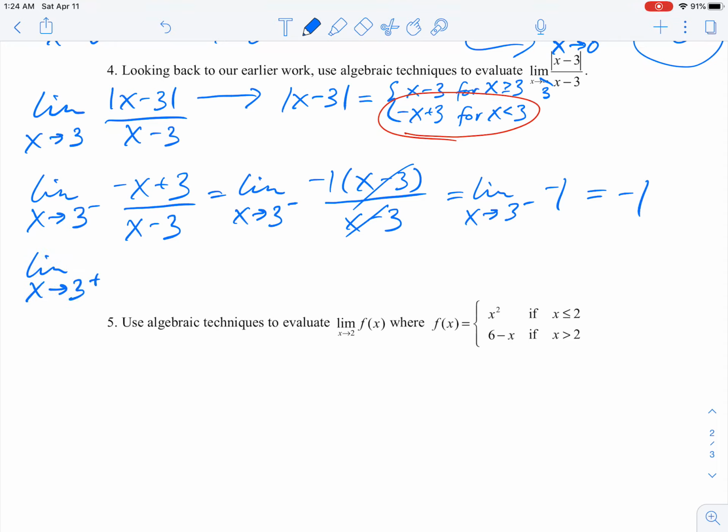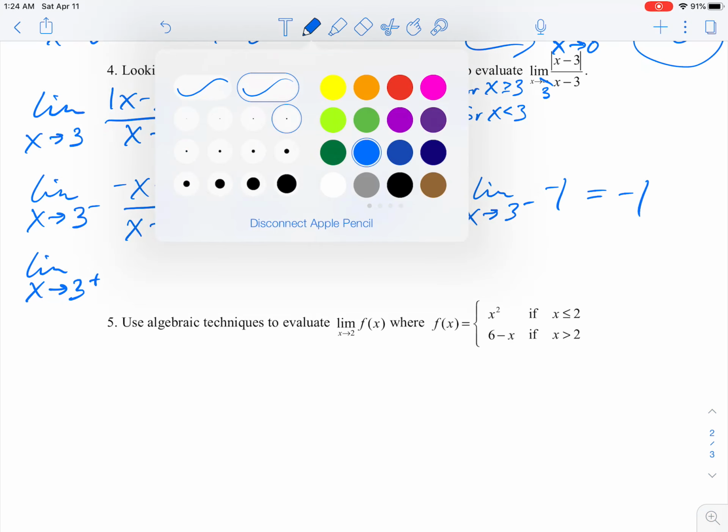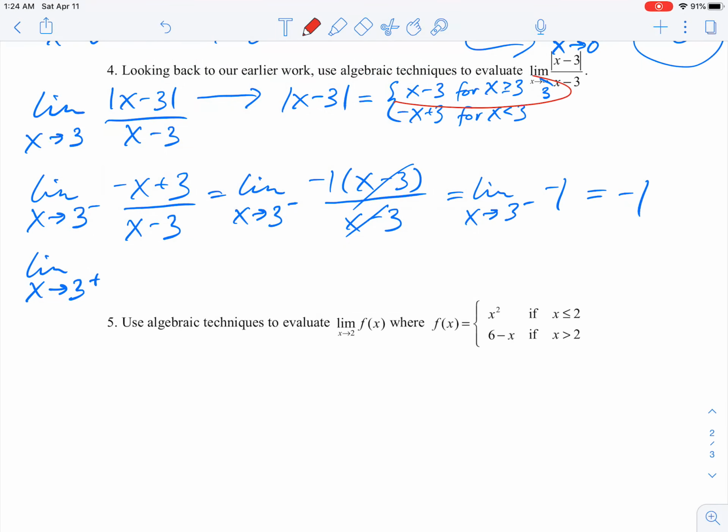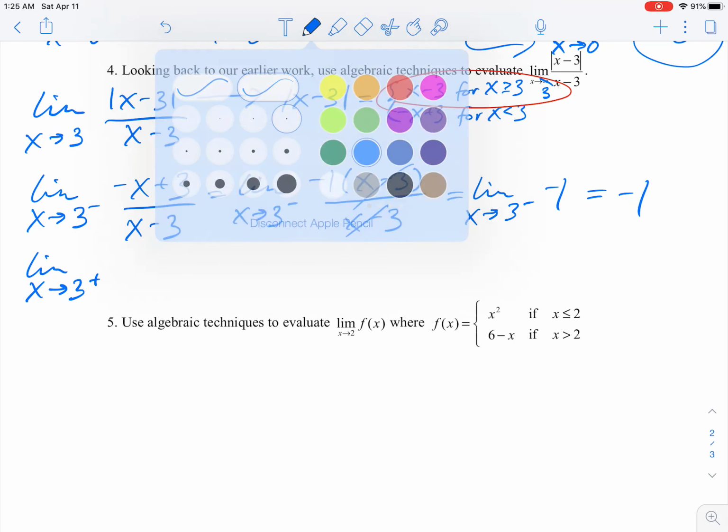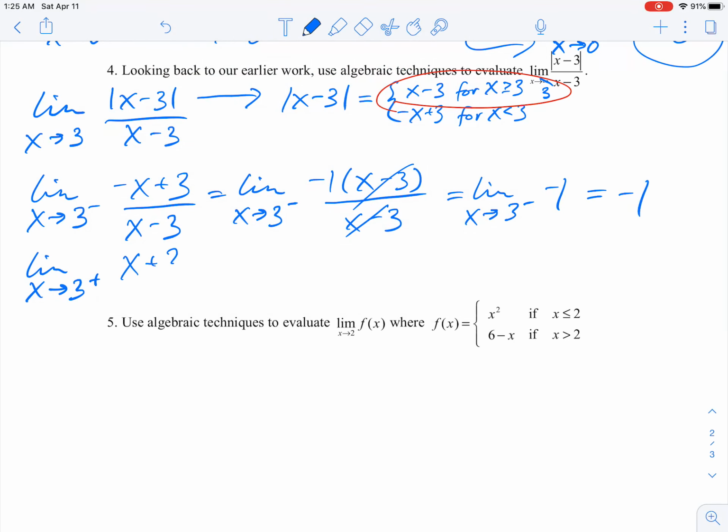Now, other side. Look at the limit as x approaches 3 from the right. Well, if we're doing x approaching 3 from the right, then that means that we are now dealing with the top piece. So this thing is going to look like x minus 3 over x minus 3. Pardon, I misspoke.